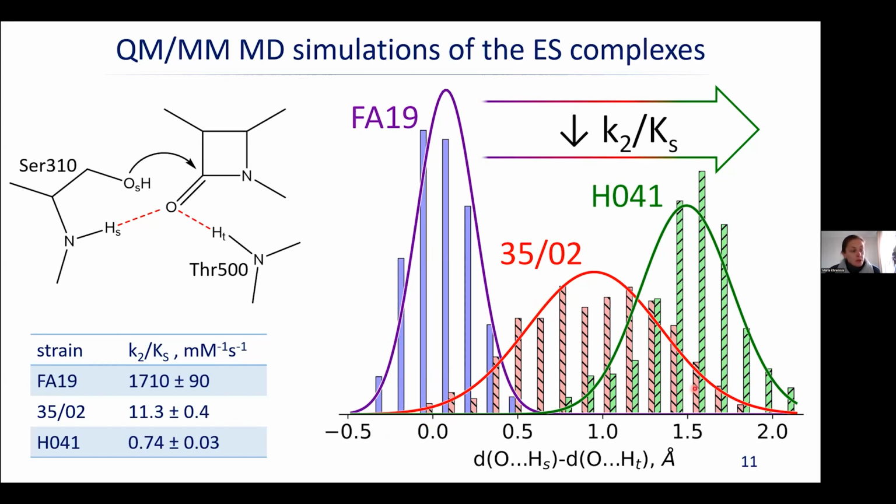And if we move to the larger values, we can conclude that for the less reactive strain, the distribution is shifted to the larger value, and for the least specific strain, this distribution is even shifted more to the larger value. So even simple geometry criteria can be utilized to quantify specificity in this particular case.